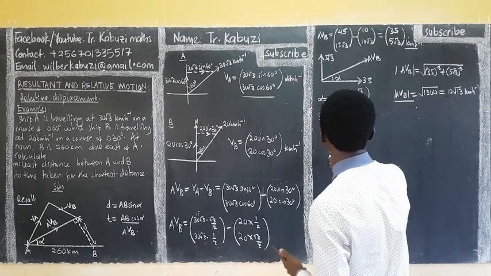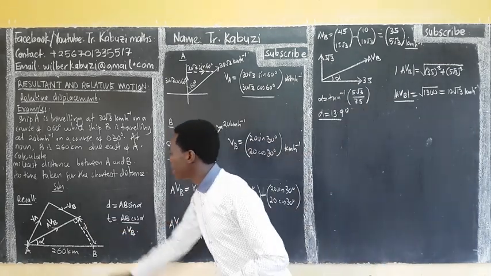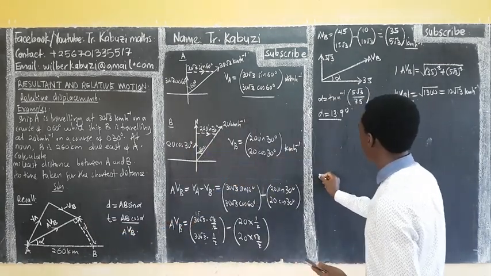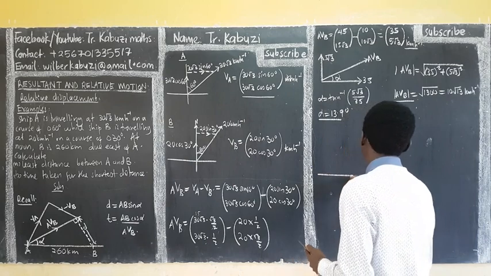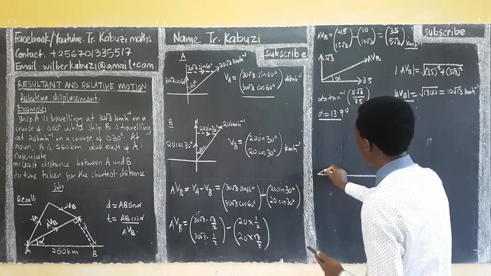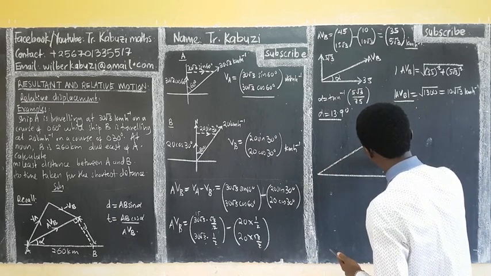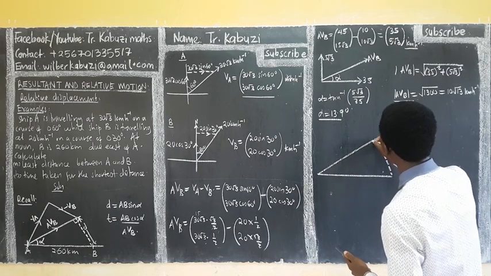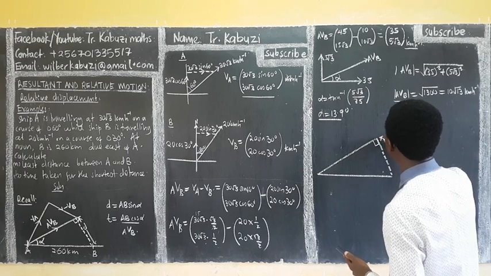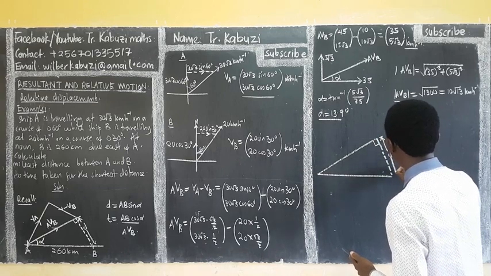So now if I draw the diagram here, you can see I have this. I also have this shortest distance D. This is always perpendicular, so this is our D we are interested in.